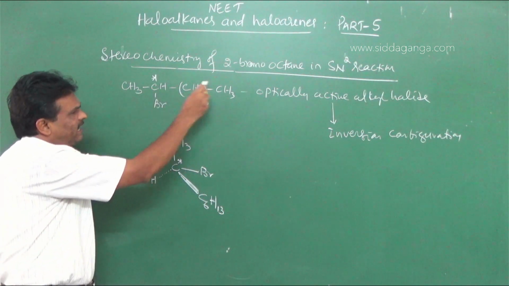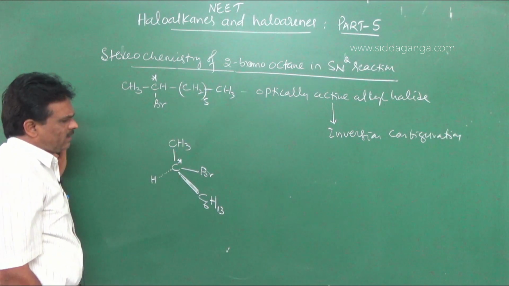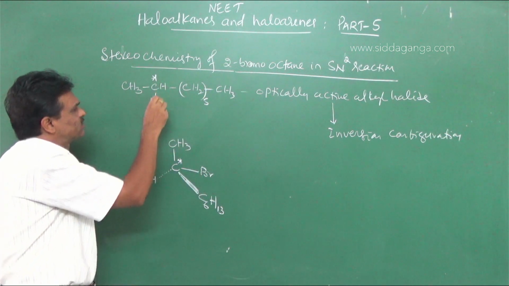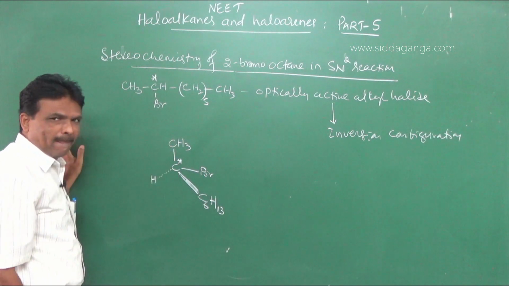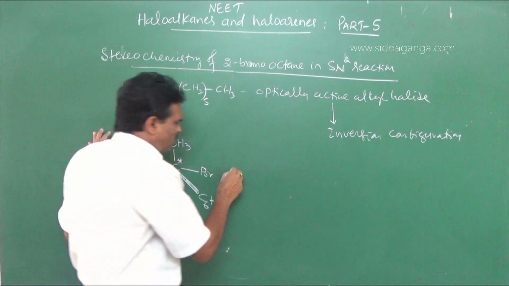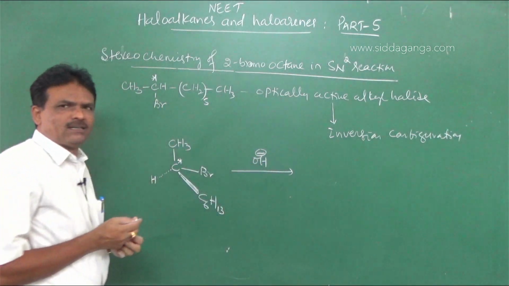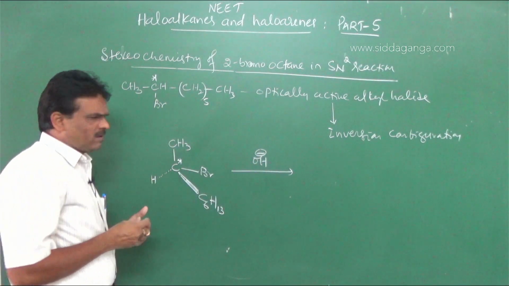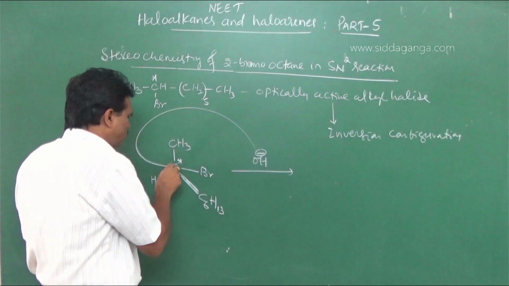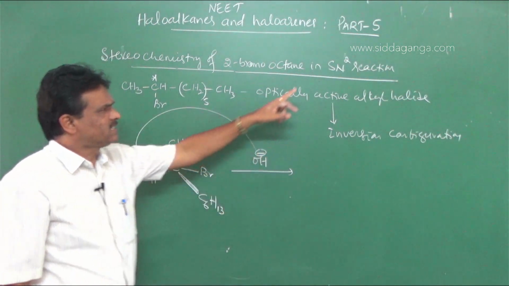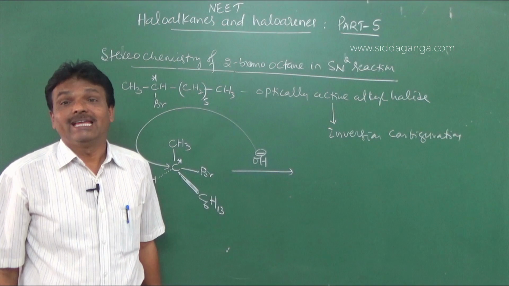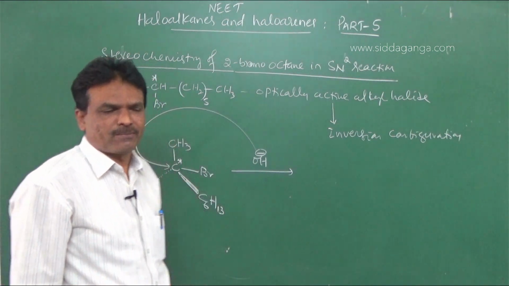C8 is there. And then CHBr, one CH3 group. So nucleophilic attack can take place at the carbon atom from the side opposite to that of the halogen. So in case of SN2 reaction only, inversion configuration is observed.